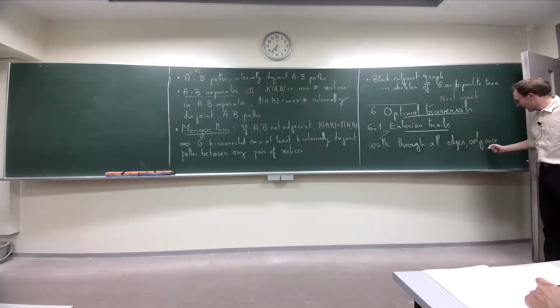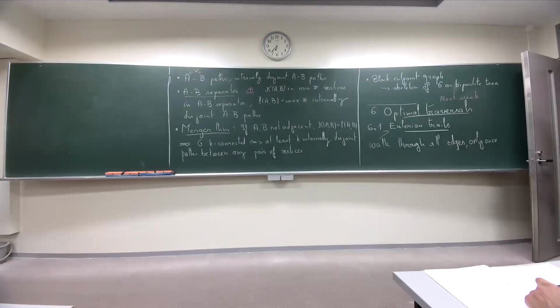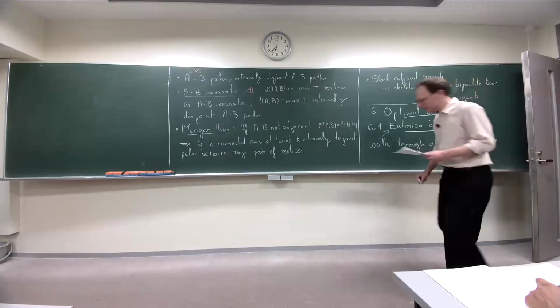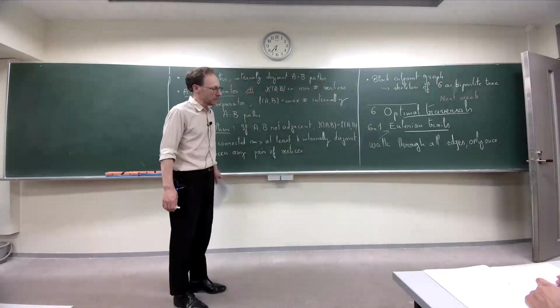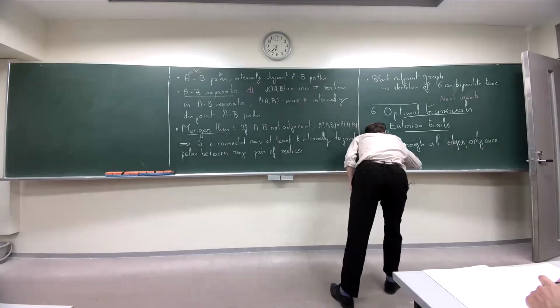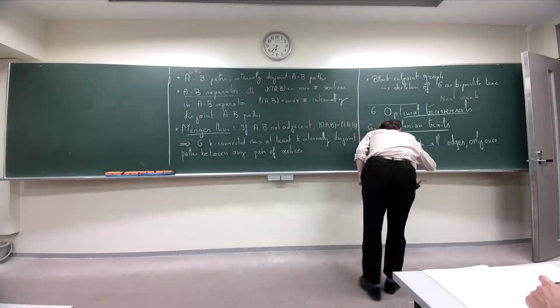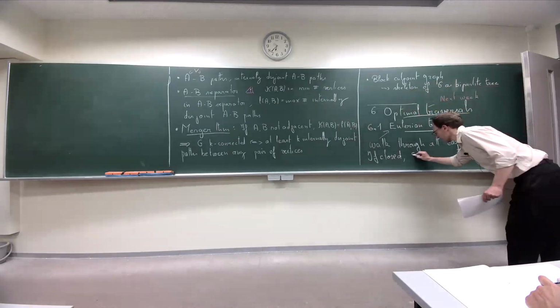If you add only once, it becomes a trail. Because this is a Eulerian trail: you go through all edges, but you visit them only once. On the other hand, you can visit vertices many times, and if closed, so if you start and end at the same point, it's called a Eulerian tour.